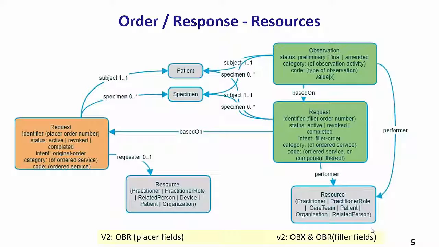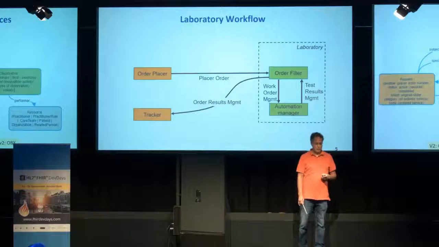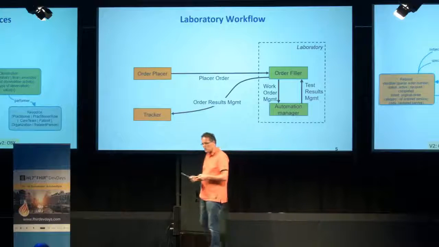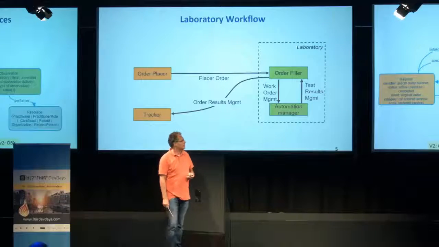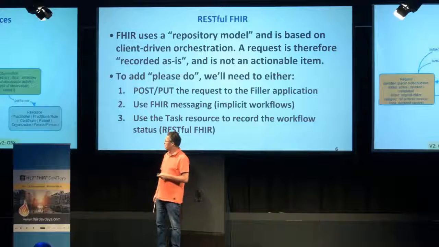So in addition to the request and observation we saw before, we may have a so-called filler order within the context of a laboratory system. That shows you the main resources in FHIR.